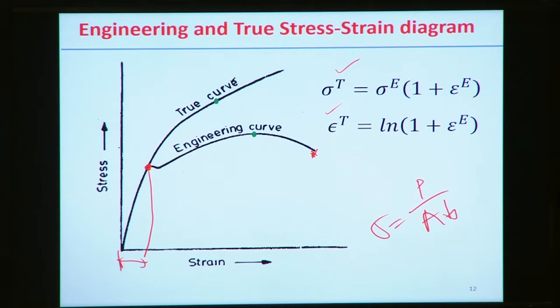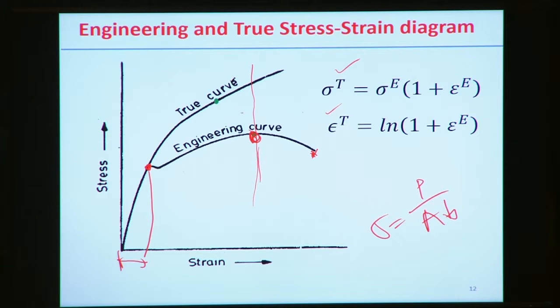Now this point represents the ultimate tensile strength with reference to the engineering stress strain curve, but this point may not be at the same strain level in the true stress strain curve.